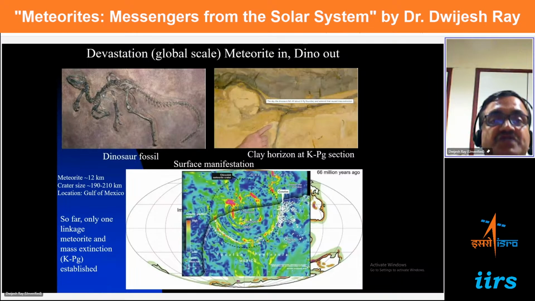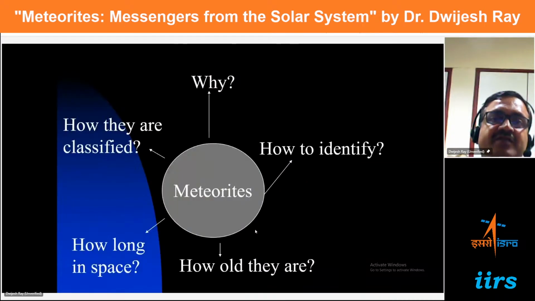It's huge, and such a huge meteorite or asteroid impact is capable of global extinction. This is one of the theories. Still, we believe that the Cretaceous mass extinction was mostly due to a giant meteorite impact.